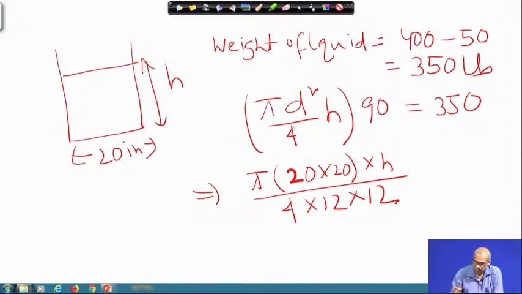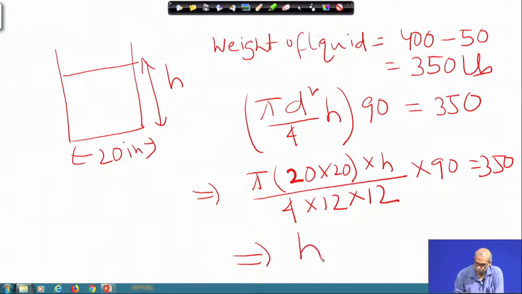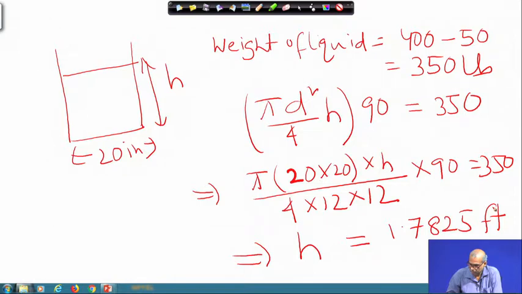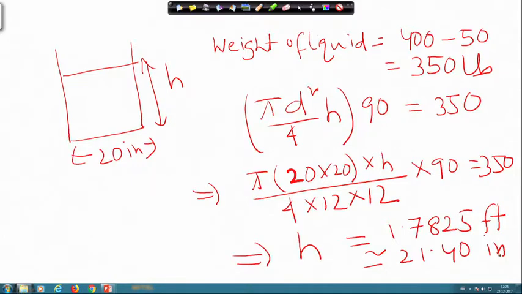So, this times 90 is 350. So, now you can easily solve for H, and if you do it, it will be 1.7825 feet. So, if you multiply by 12, you will get approximately 21.40 inch. So, that is the level of the liquid in the tank.